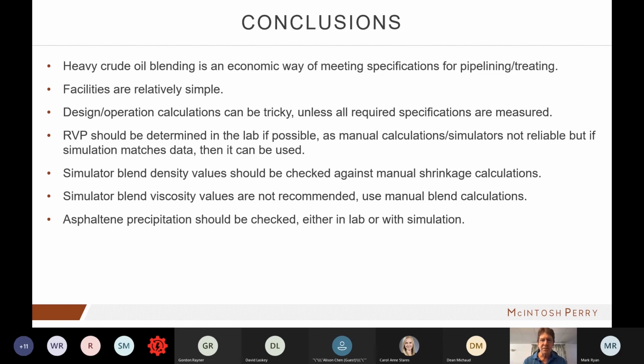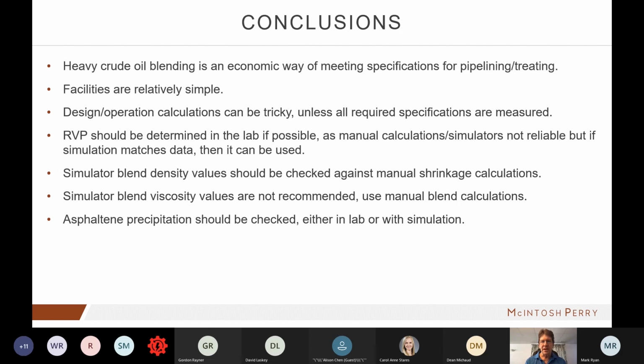The facilities themselves, I didn't show you a picture, but I said it's really just some tanks and pumps, and then I put a static mixer in line. So the facilities themselves are not complicated, they're relatively simple. Your question around the facility design is really, what instrumentation am I going to use? Am I going to measure density, viscosity, and vapor pressure? Or we said vapor pressure is a little expensive, so we may not.